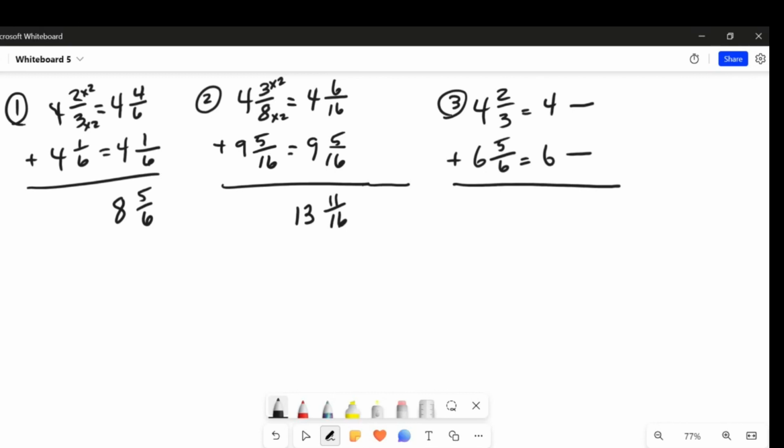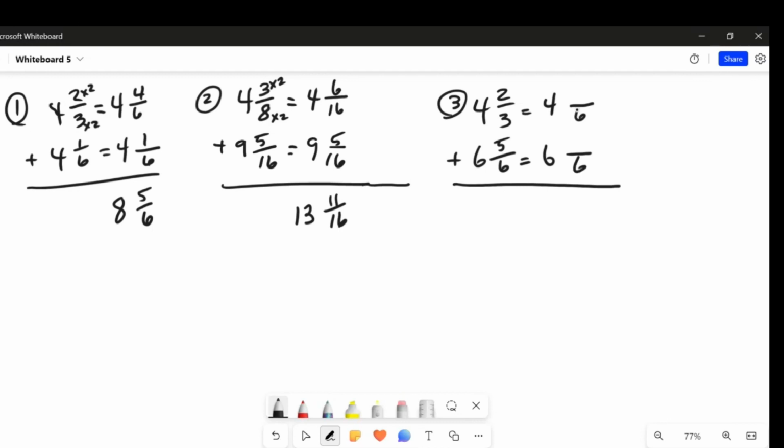So we want the smallest number that 3 goes into and 6 goes into. Okay, the common denominator is 6.